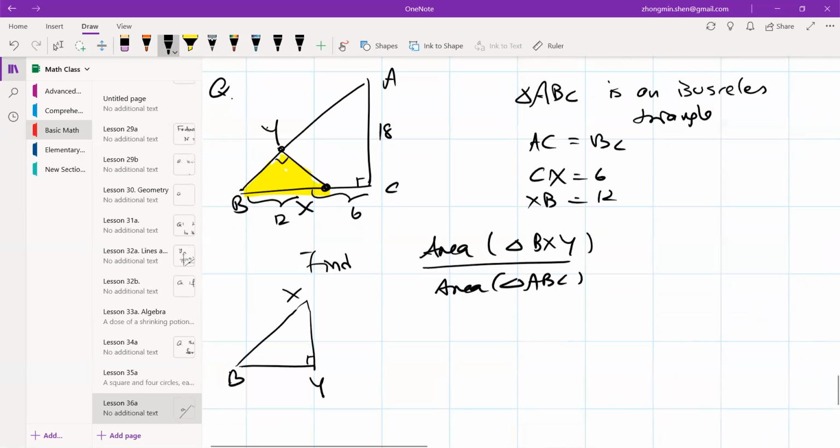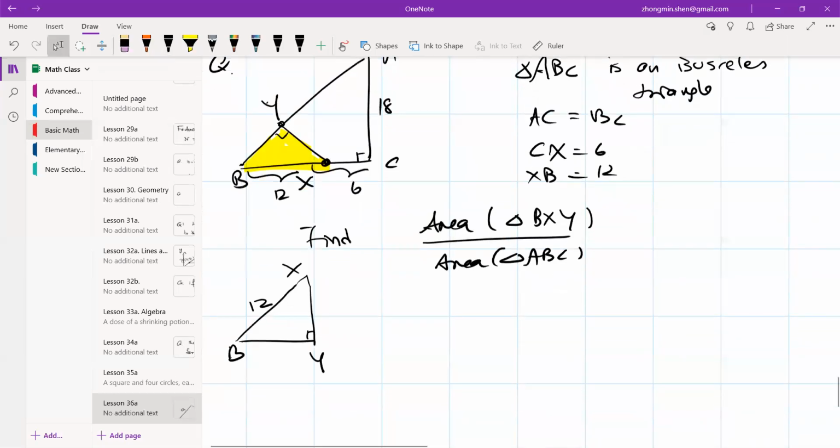And then the smaller triangle and the larger triangle are similar. Okay, think about that. So this side will be 12. We don't know the other side, okay? Yeah, we don't know YX.